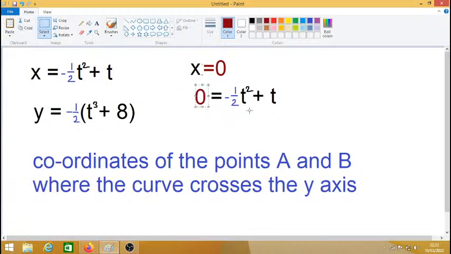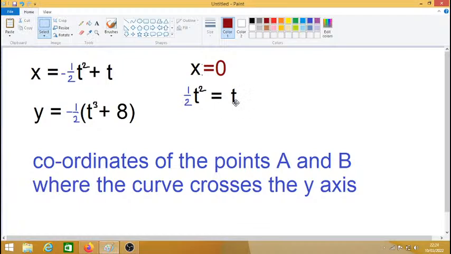And now let's try and rearrange. We can take the minus half t squared across. So that would be plus half t squared, or just half t squared. And the plus t, there's nothing in front of the plus, so that can just be t.